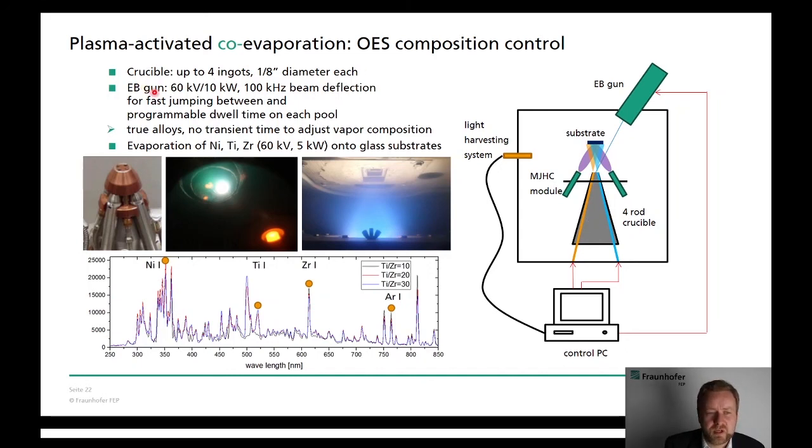We have again used this EB gun with a deflection system of up to 100 kilohertz, so we can jump very fast between the pools and evaporate up to 4 materials at the same time.